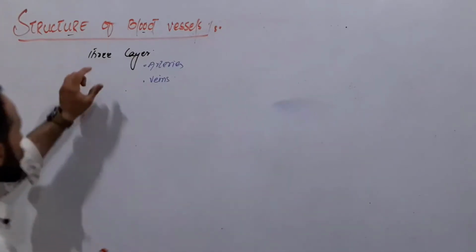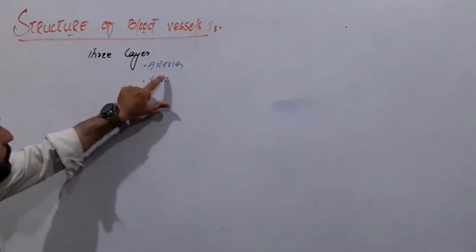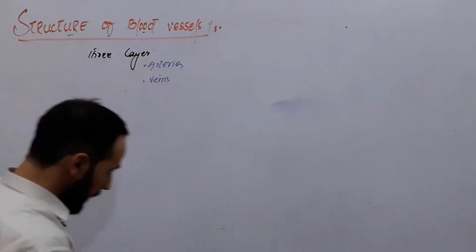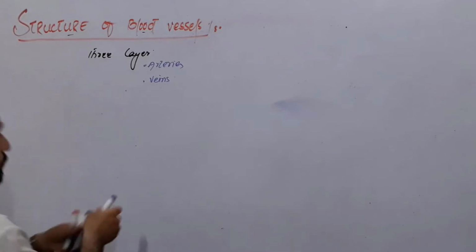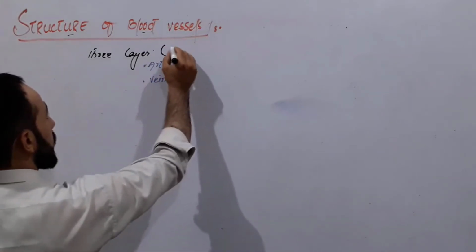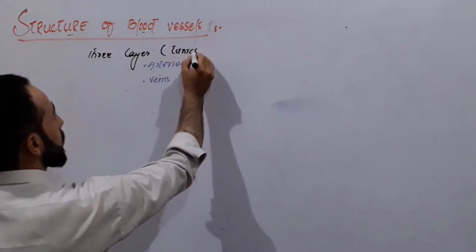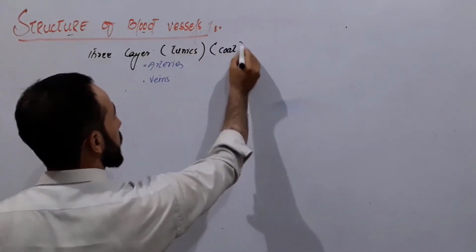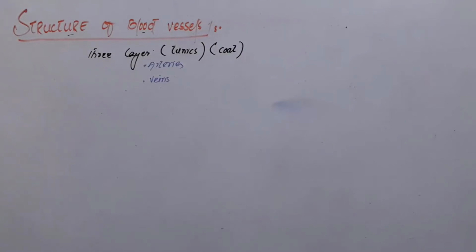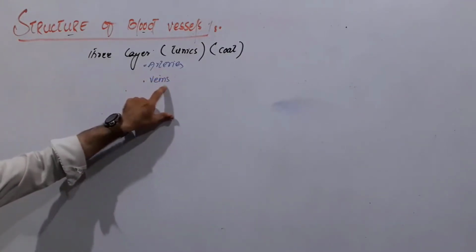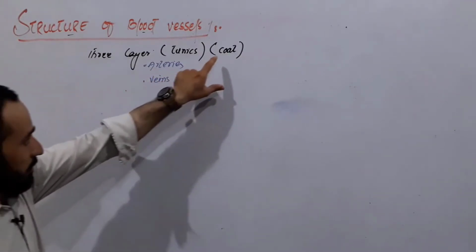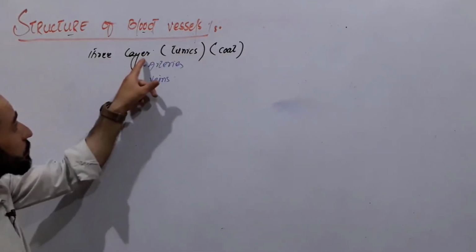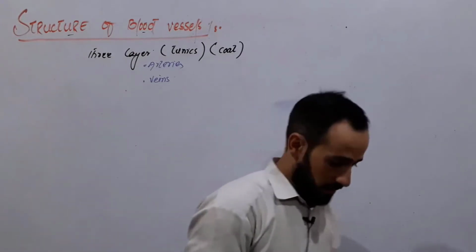So the walls of arteries and veins are made up of three layers, which are also known as tunics, because tunic means coat. So we can say the walls of arteries or veins are made up of three coats or tunics, or three layers.